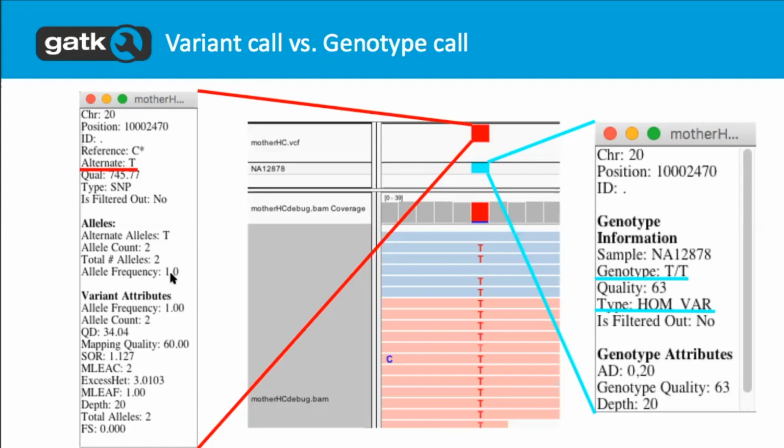The genotype is for one specific person exactly what alleles they have. So for humans, for diploids, for example, this person is homozygous variant T/T, meaning both copies of their gene are mutated.